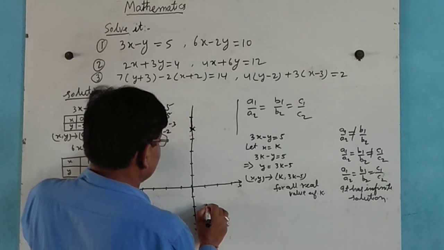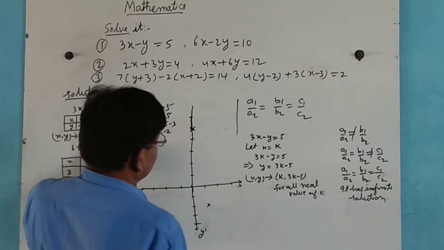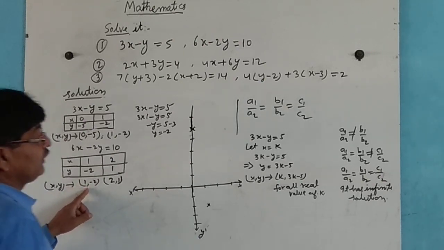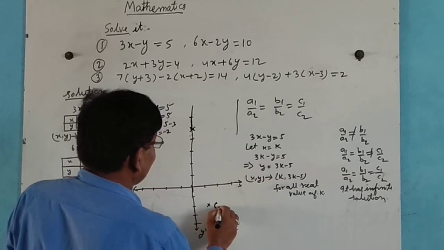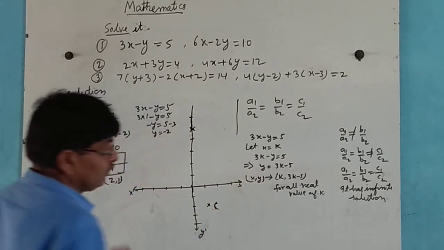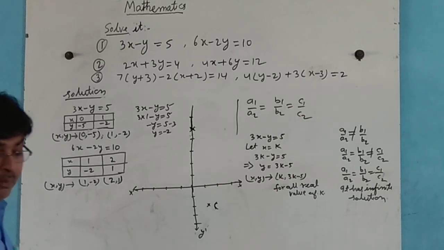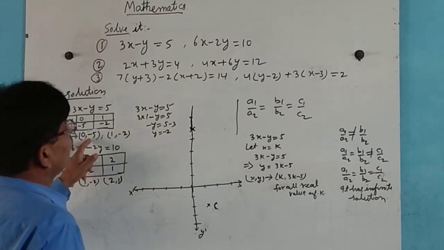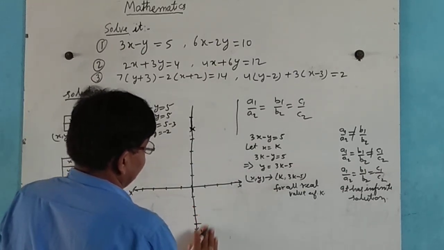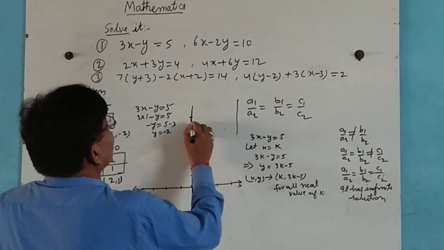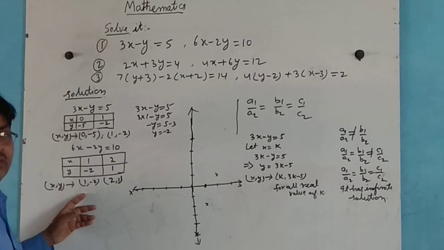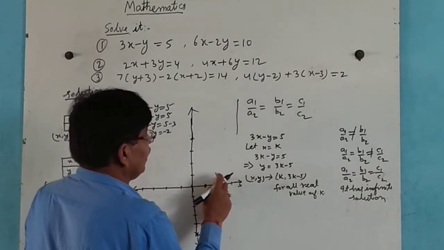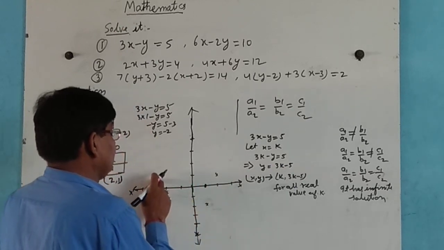Another point, 1 minus 2. Then 0, minus 5. Now we plot these points on the axes.